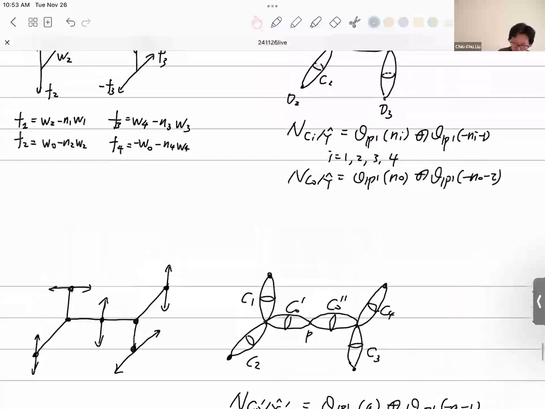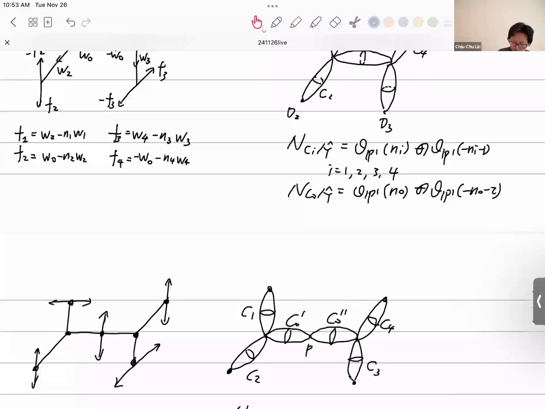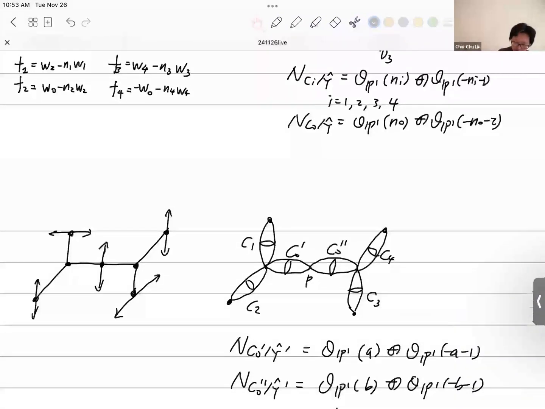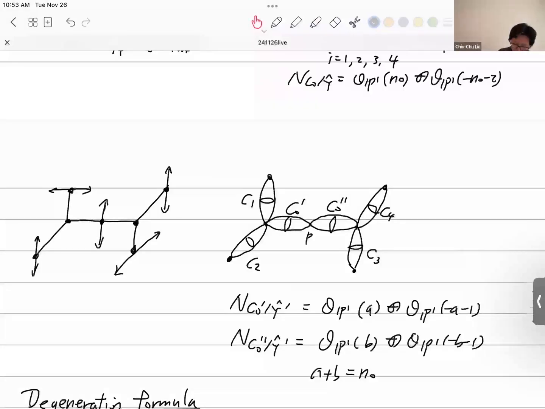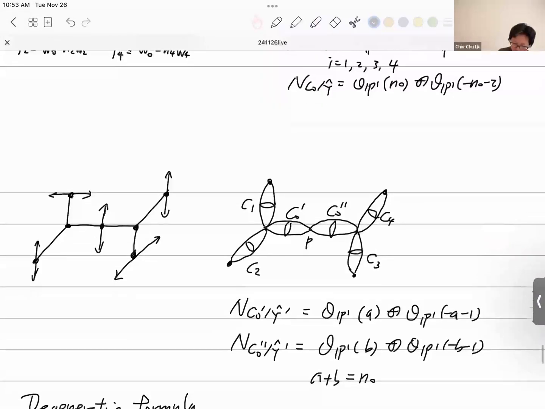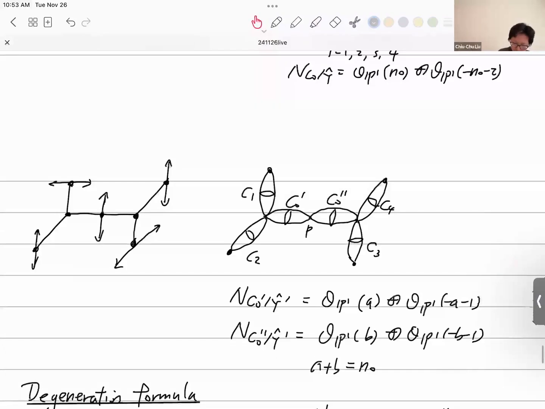Originally, C0 has the splitting O(N0) plus O(-N0-2). After we degenerate, the first factor N0 splits into degree A on the left-hand side and degree B on the right-hand side. And the second factor, -N0-2, splits into -A-1 and -B-1.